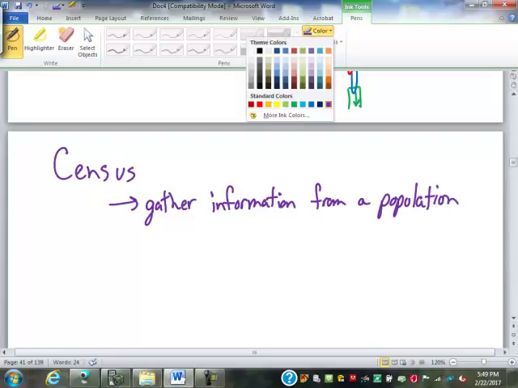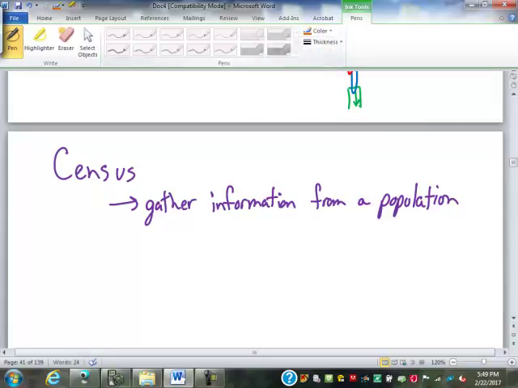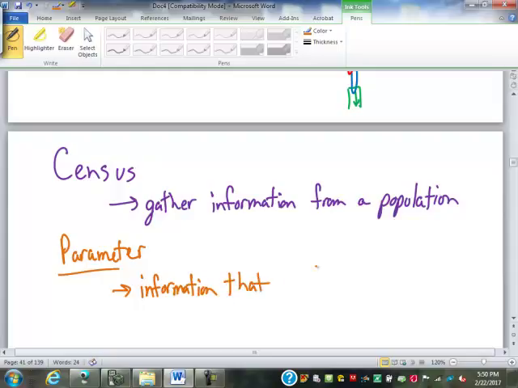Unless you have a very, very small population, a census is seldom successful. A parameter is a piece of information that describes the population.